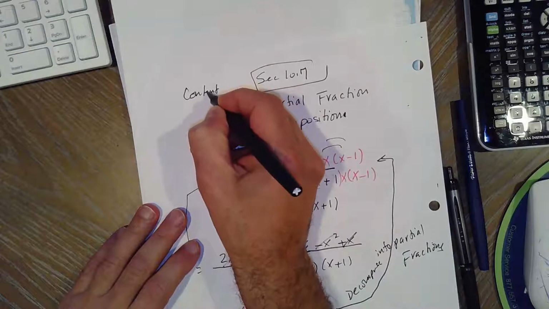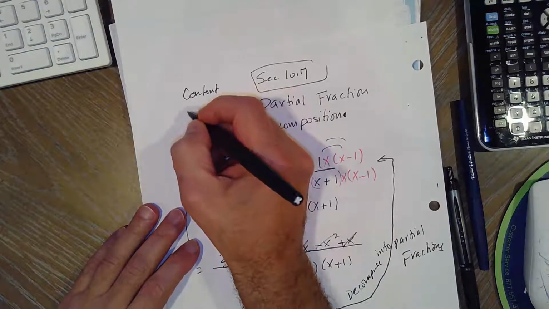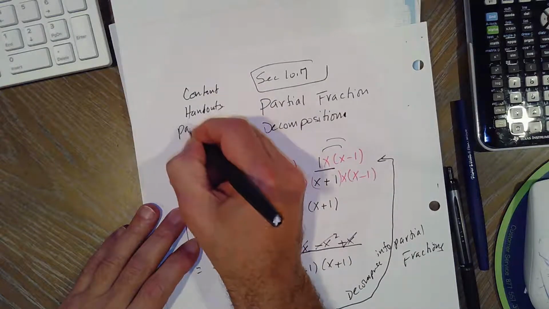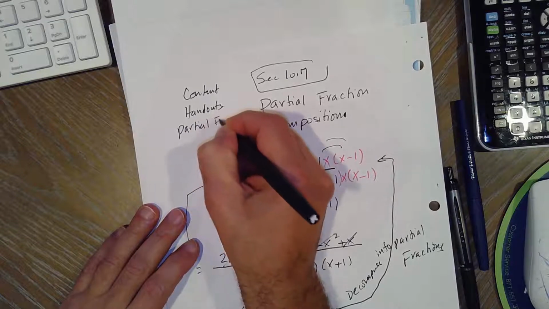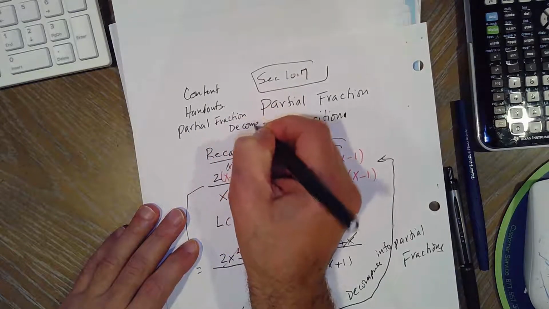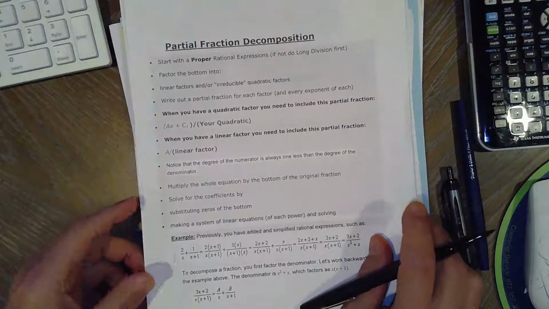When you go to content on D2L, on the left side menu, you look for handouts. The handout I'm talking about is called partial fraction decomposition. Find that handout. It's several pages, but the first page is the steps and the rest is examples.